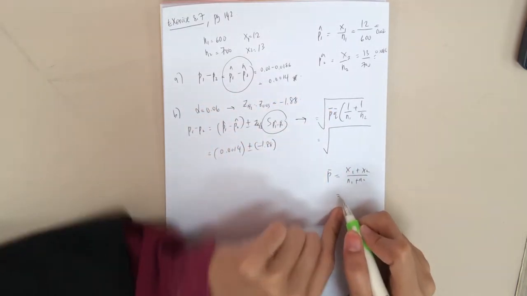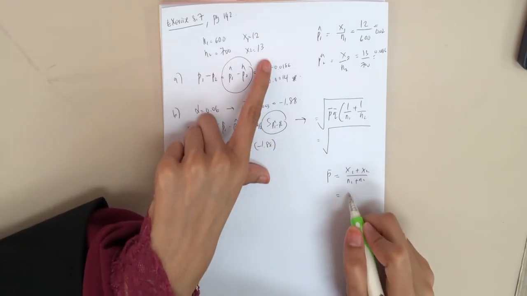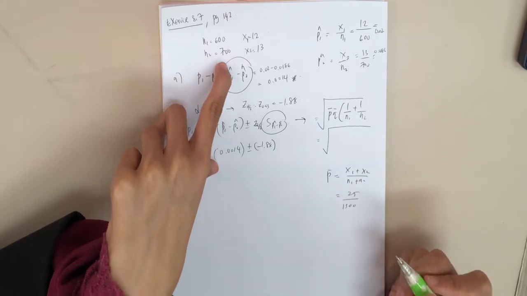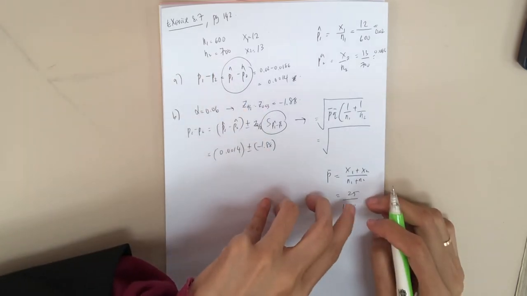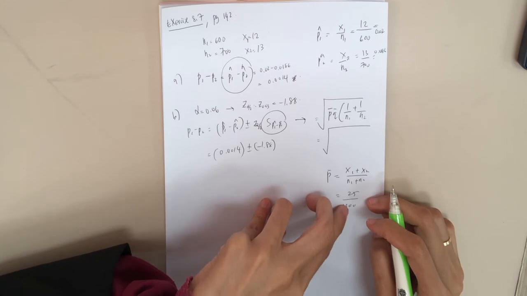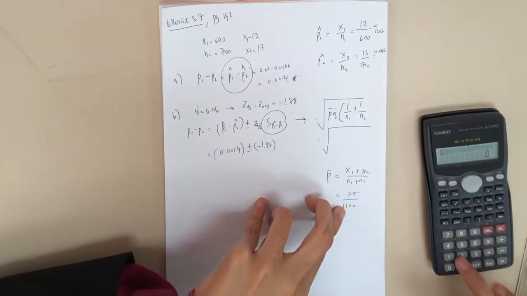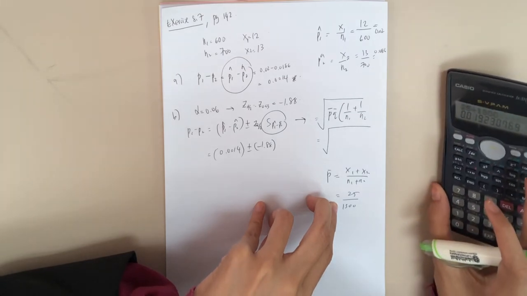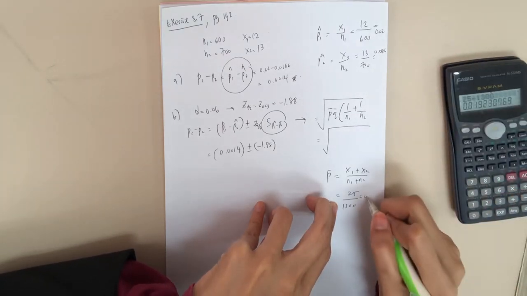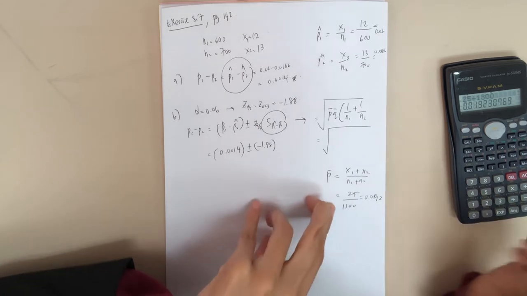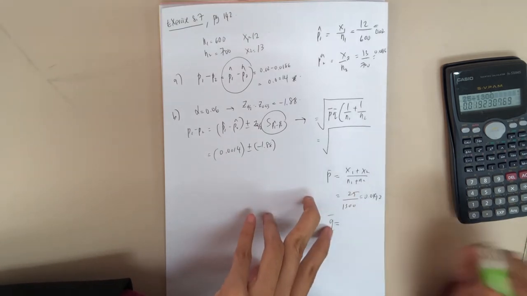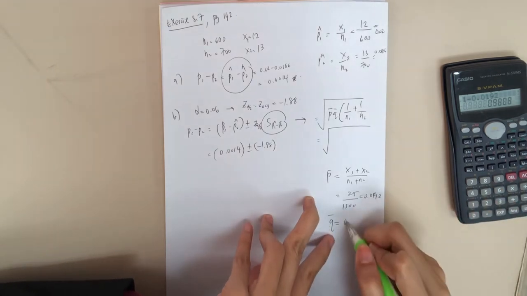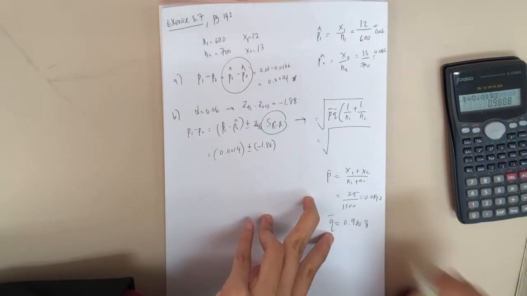Your X1 just now is 12 plus 13, so you get 25 over N1 plus N2, 1,300. So this is your P bar. You just divide first: 0.0192. So automatically what is your Q head? It's just 1 minus 0.0192, so 0.9808.